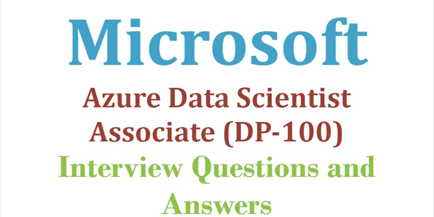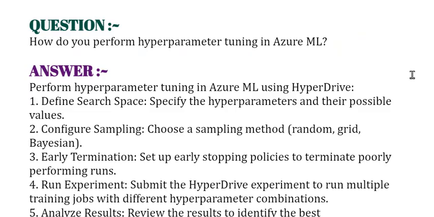The question is, how do you perform hyperparameter tuning in Azure ML? Your answer should be, perform hyperparameter tuning in Azure ML using HyperDrive. Define search space. Specify the hyperparameters and their possible values. Configure sampling. Choose a sampling method: random, grid, or Bayesian.